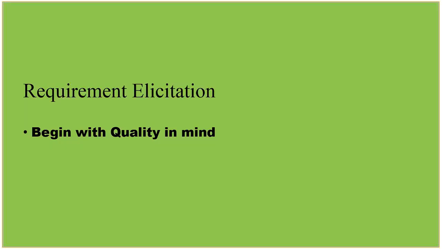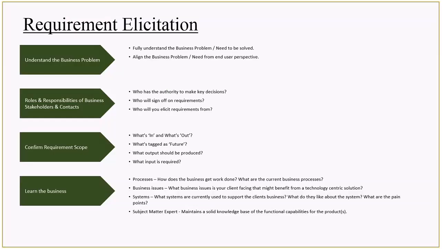For the actual requirement elicitation, we should begin with quality in mind. Always consider quality when we start the requirement elicitation. Understand the business problem. That will be the first thing.